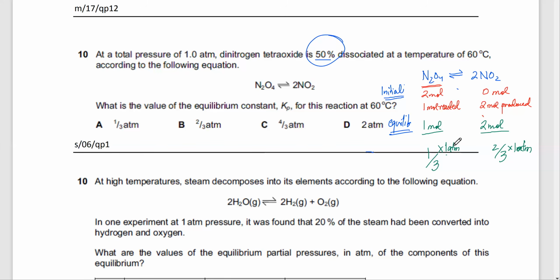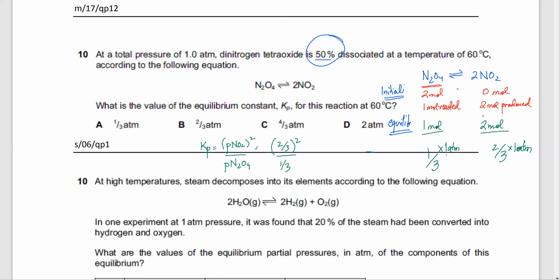1 atmosphere. And what I can do is write down the formula for Kp, which is partial pressure of NO2 squared divided by the partial pressure of N2O4, which in this case would be 2 by 3 squared divided by 1 by 3.